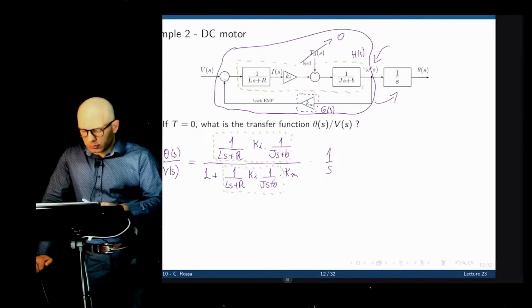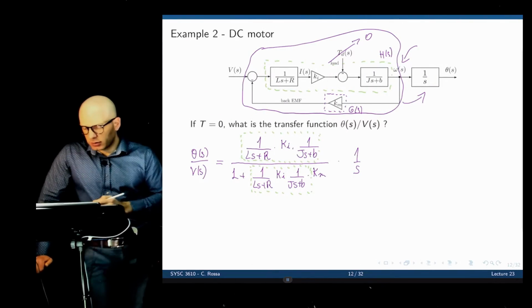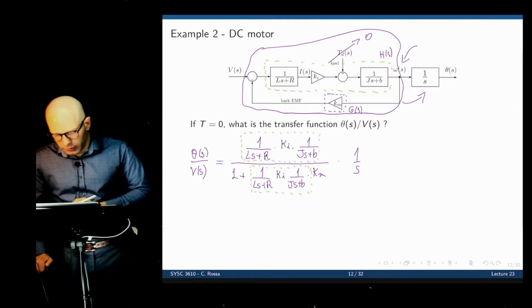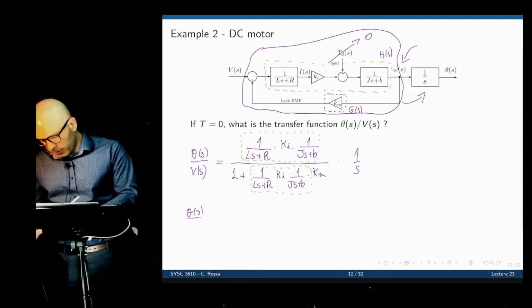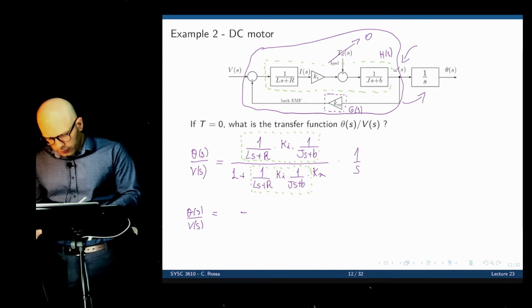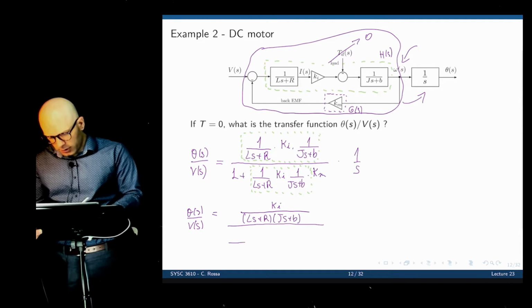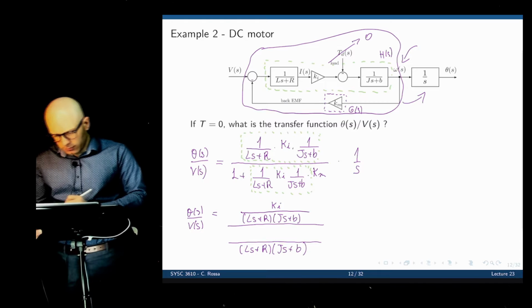All right, so let's continue here. Now that we have the form for this transfer function, we can try to simplify this. And the way you're going to simplify this is by finding the common denominator in the denominator of the transfer function. So we have Ki in the top there, Js plus B, all divided by, now we find the common denominator, which happens to be the same as the denominator of the numerator of the transfer function.